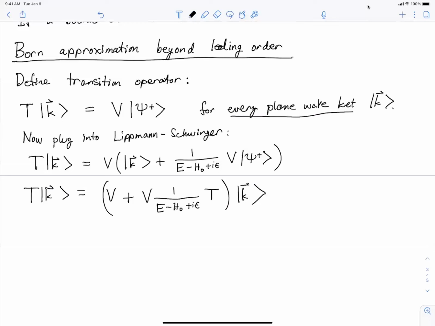And if an operator acts on every state in a basis and obeys some condition, then it basically is always true.